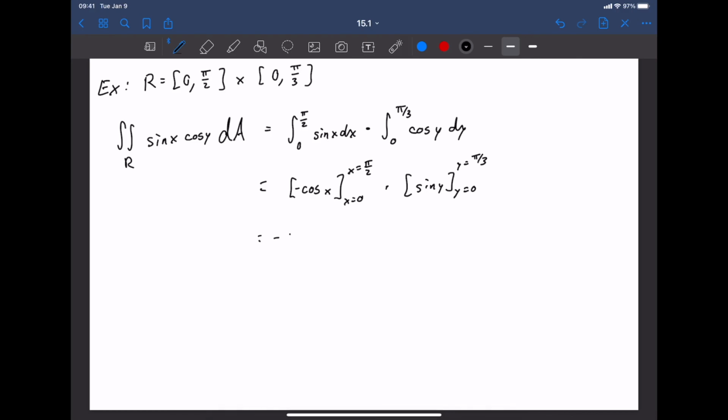This is negative 0 plus 1 times root 3 over 2 minus 0. So overall, I'm getting root 3 over 2. Ta-da.